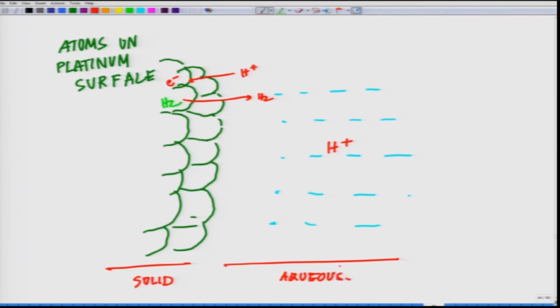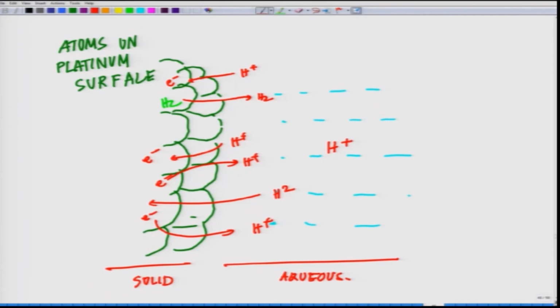Okay. Similarly, some of these H plus ions are coming here, giving away the electron, and vice versa, the electrons are going there, and hydrogen from here which is getting evolved is coming back onto the surface of platinum. Similarly, there are electrons which are going and making it hydrogen.